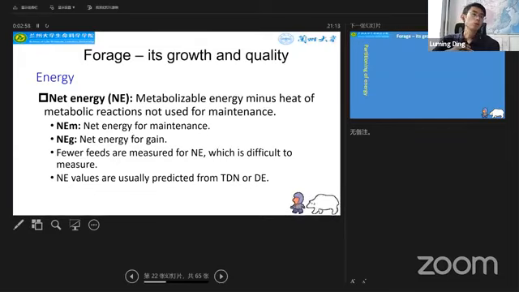So there are two kinds of net energy: NEM, net energy for maintenance, and NEG, net energy for gain. The same applies for ME. Few feeds are measured for net energy. It is very difficult to measure, and net energy is usually predicted from the total digestible nutrients or digestible energy.